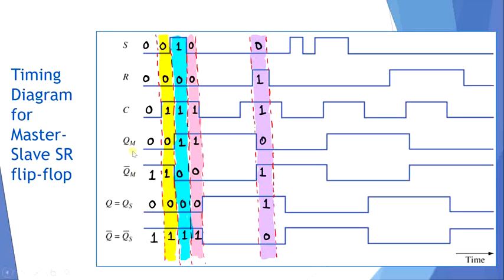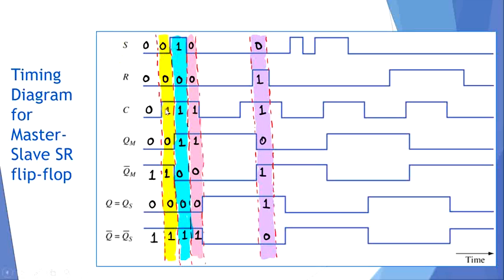QM corresponds to the output of the master, QS corresponds to the output of the slave. Whatever is obtained at QM and QM bar, the same thing will be reflected at the output of the slave. So the slave will follow the master.